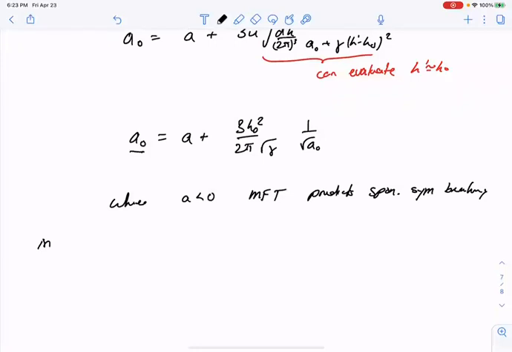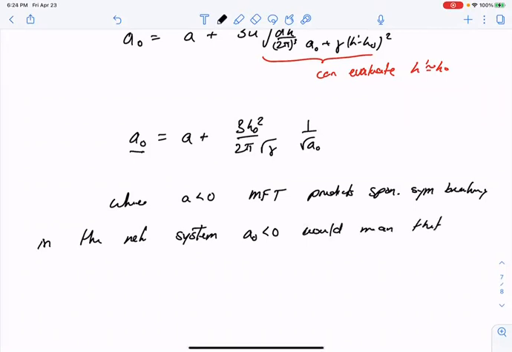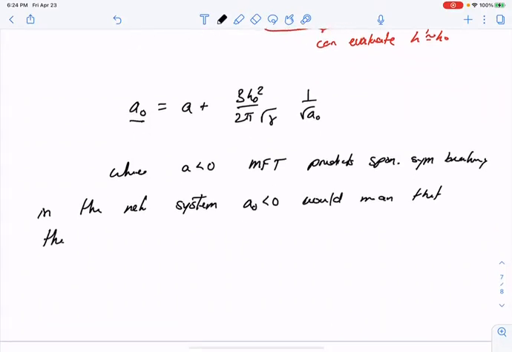So in the reference system, A naught less than 0 would mean that the disordered state becomes unstable. And if we look at this expression, that is actually impossible. For any value of A, positive or negative, A naught is positive.